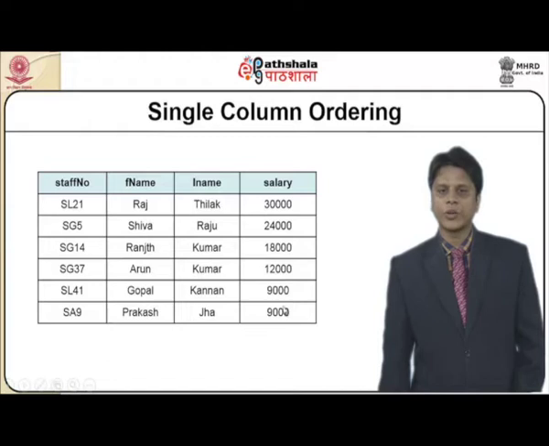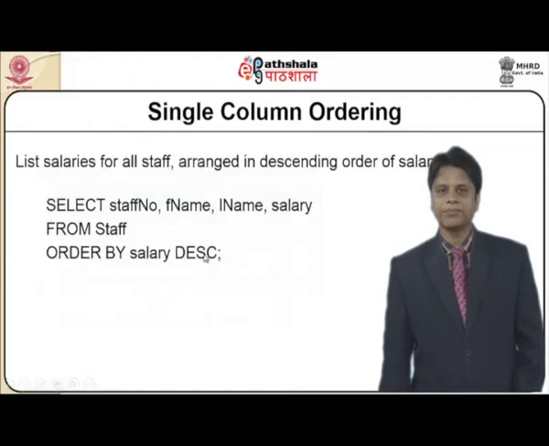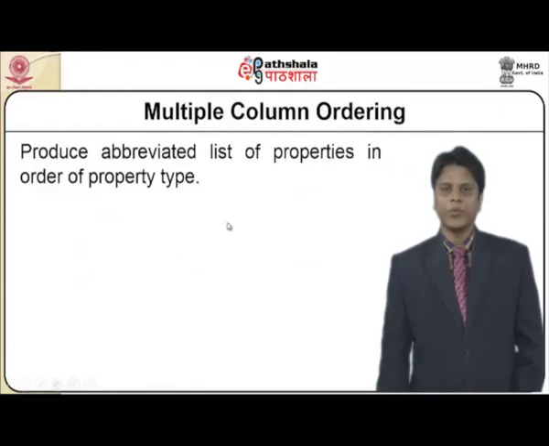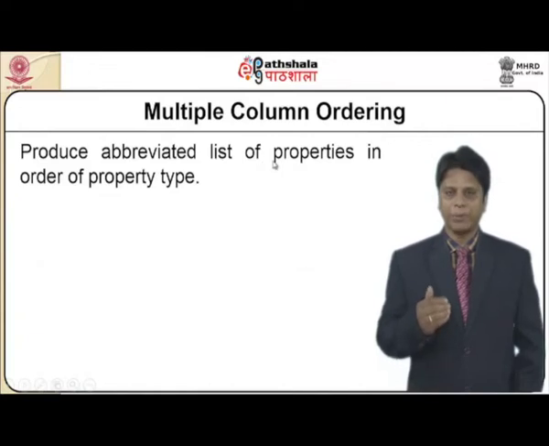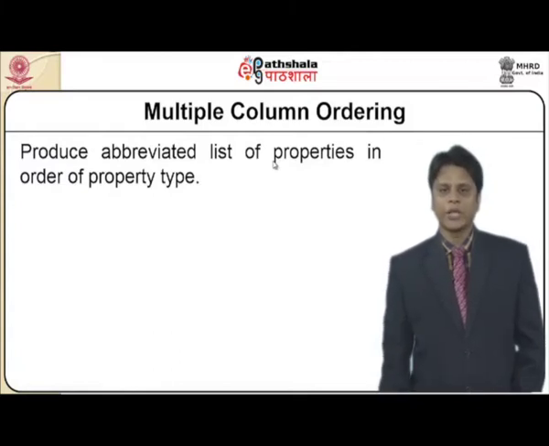Likewise, I can also indicate ascending, ASC, which will list all the values in ascending order. Now, in the previous constraint we indicated ordering on a single column. Now we can have multiple column ordering. Produce an abbreviated list of properties in order of property type.